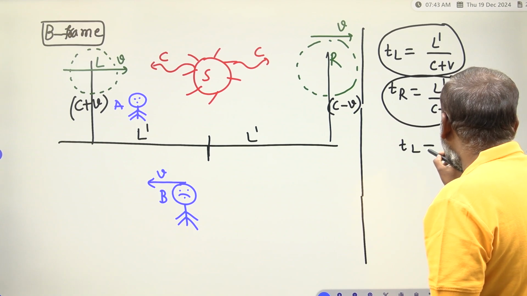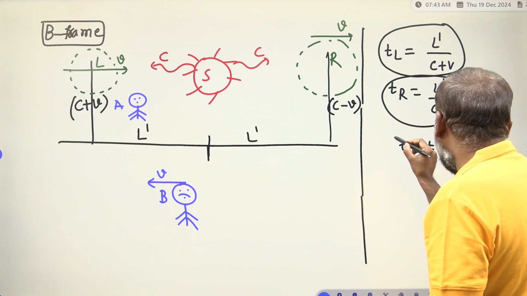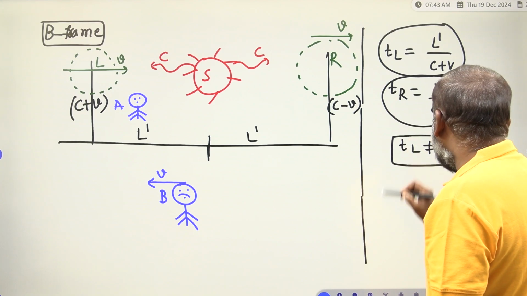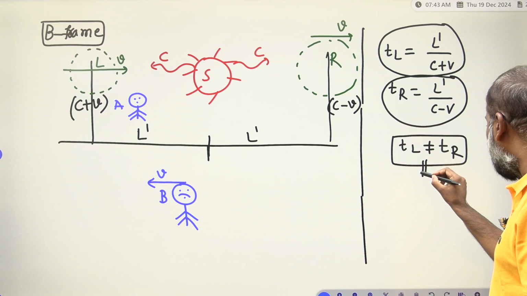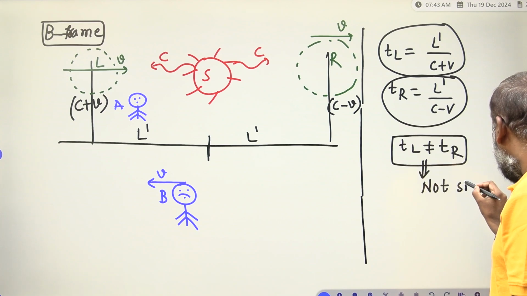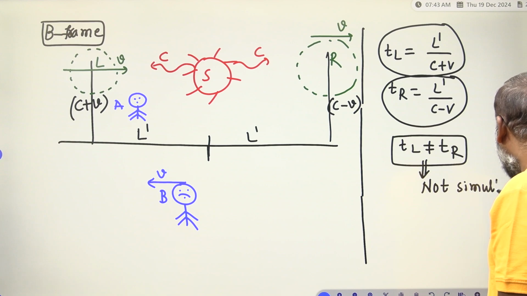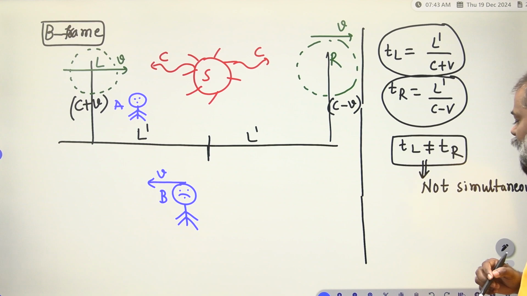Therefore, TL is not equal to TR; the time taken on the left side of the system is not equal to the time taken on the right side. Therefore, these are not simultaneous.